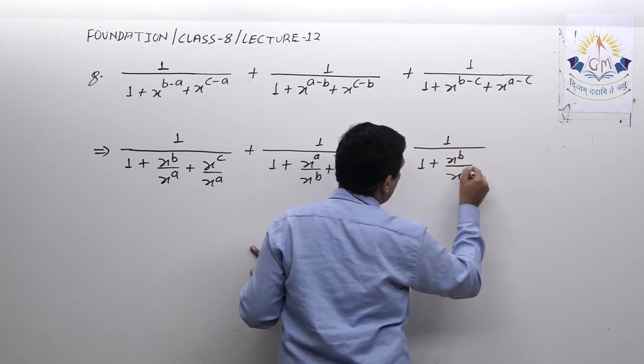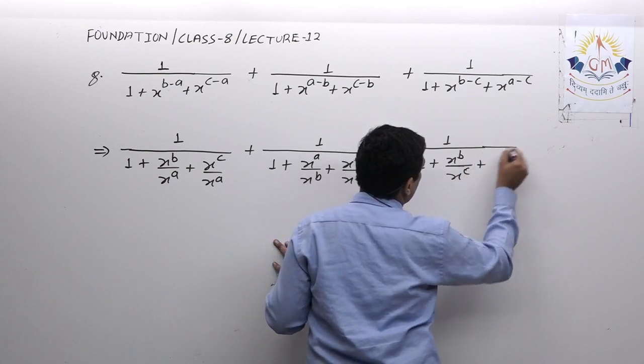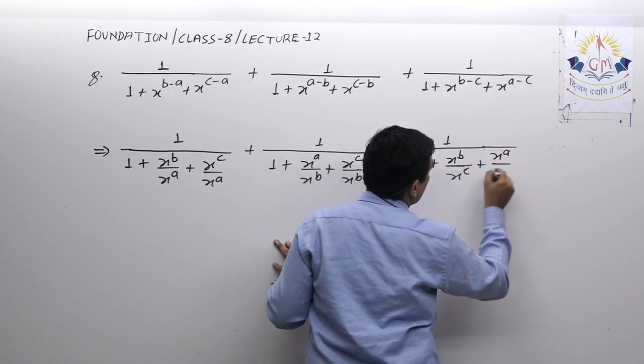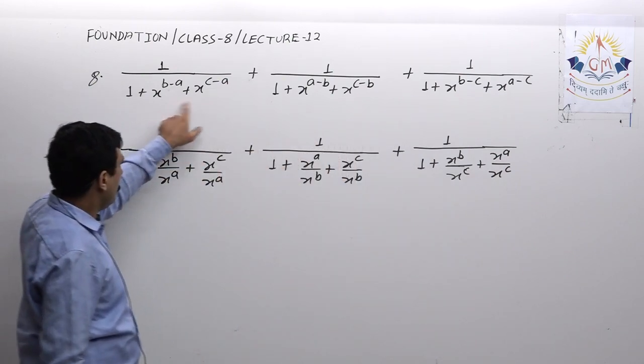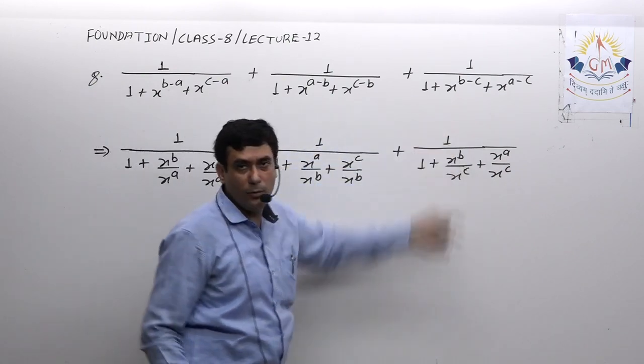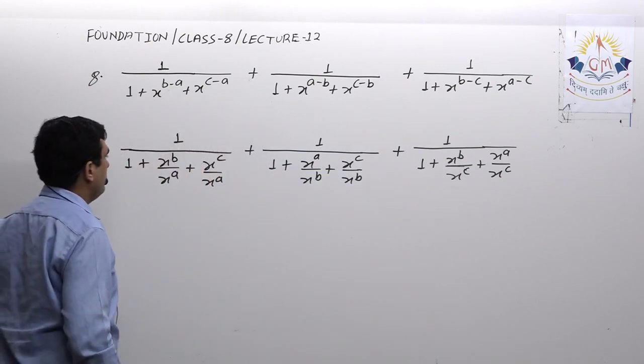Okay, I am applying the same thing in each and every step. So this will be the second step. I simply applied the quotient law in each and every term in the denominator wherever it was applicable.